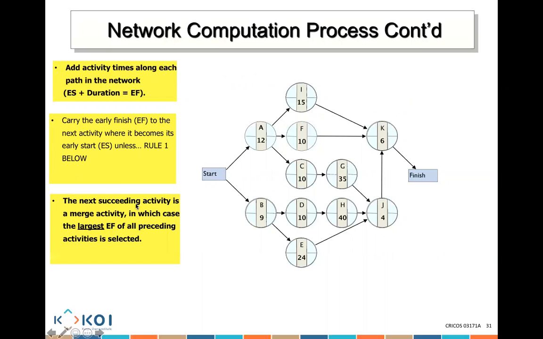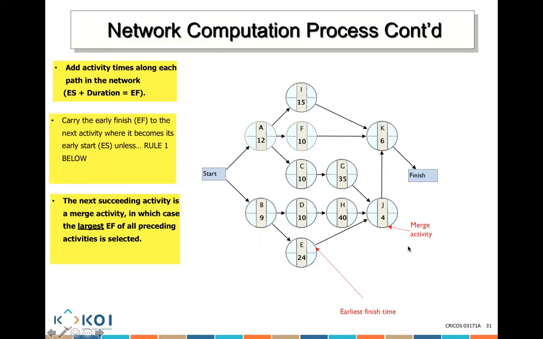Rule 1 is when the next activity is a merge activity. In this case, I will be using the largest early finish. If we look here, this is a merge activity. What's merging into J?